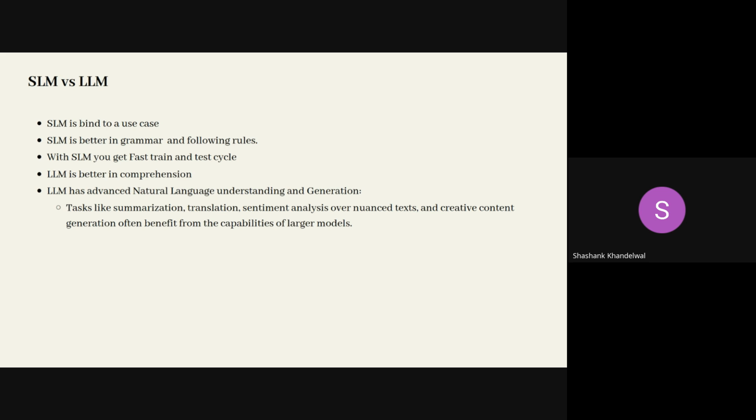Any question? Yes, Shashank, I have one clarification. I know you are emphasizing the grammar and its accuracy rather than the size of the parameters. Do you mean to say that LLM is not that perfect or accurate in its grammar?